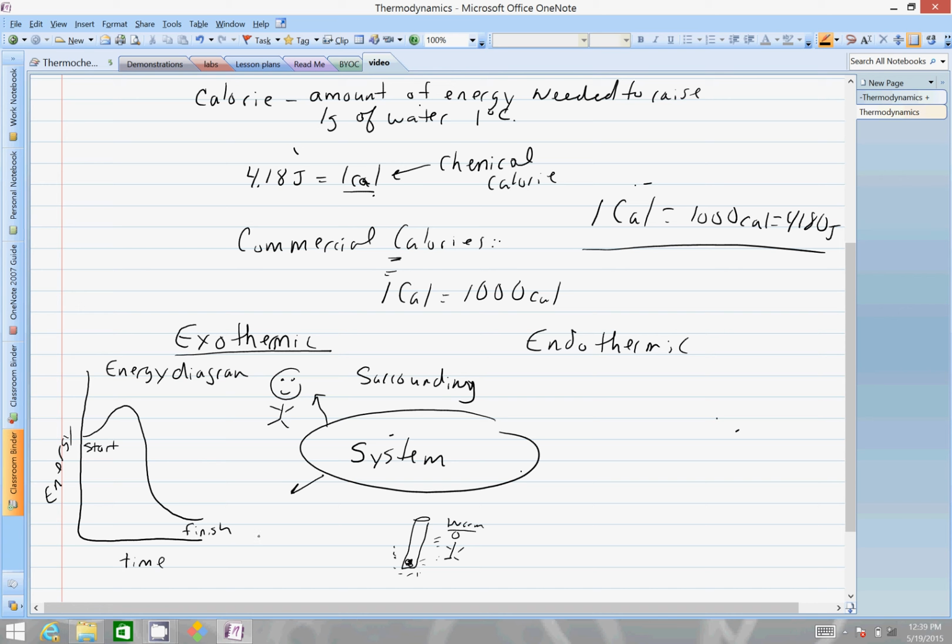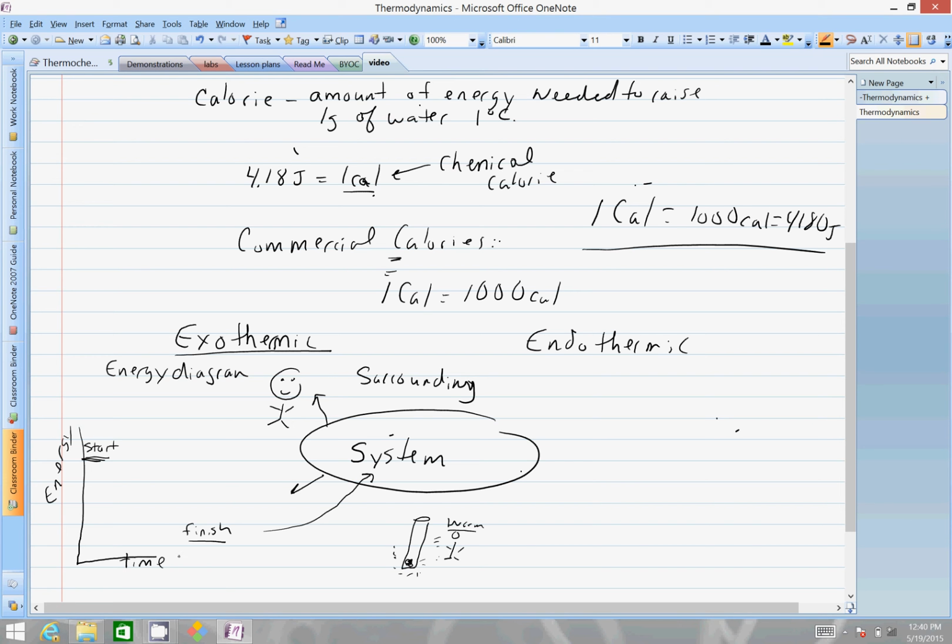Essentially, they're both looking at the system as a whole. The system at the start, the system at the finish. So if we take a snapshot of the system when we first get going, this is how much energy it has right here.